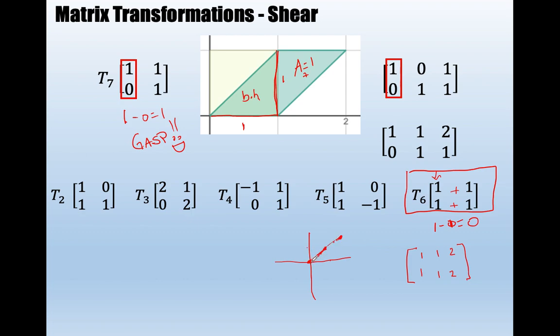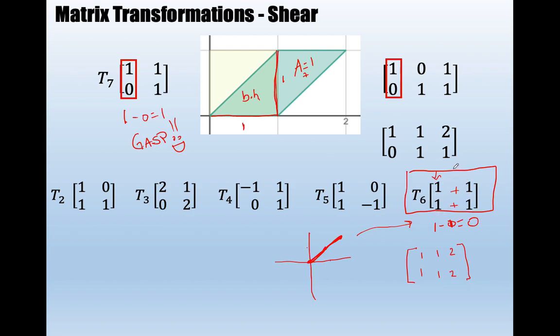Where's my square? Where's my rectangle? Where's my parallelogram? You ain't got none. So what is the area of this resultant thing? It is 0, right? I just have one dimension.